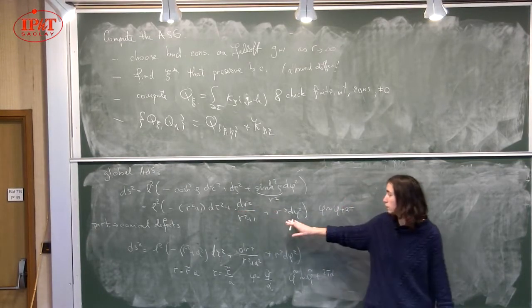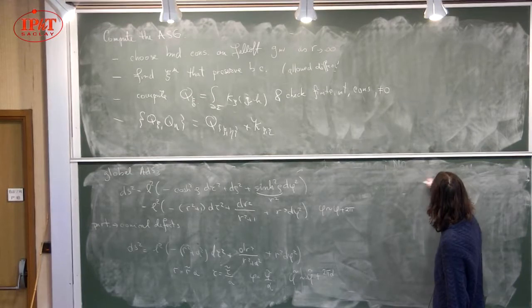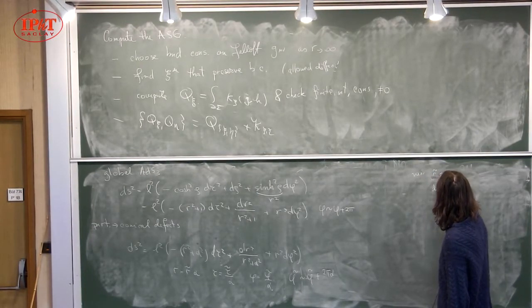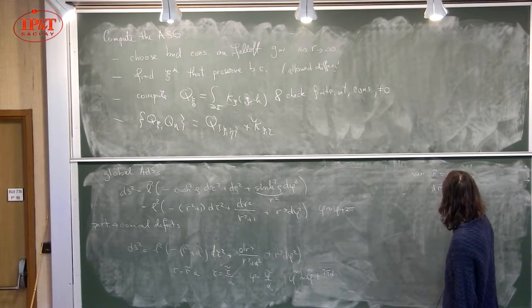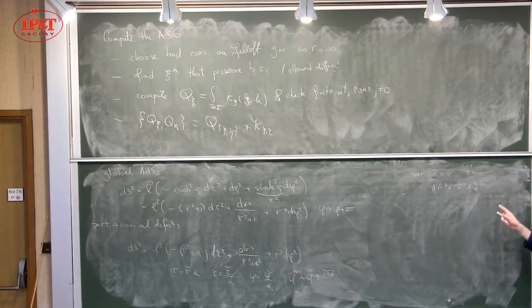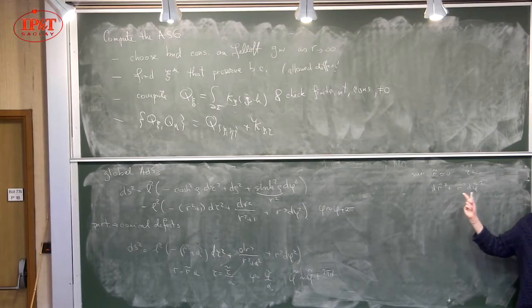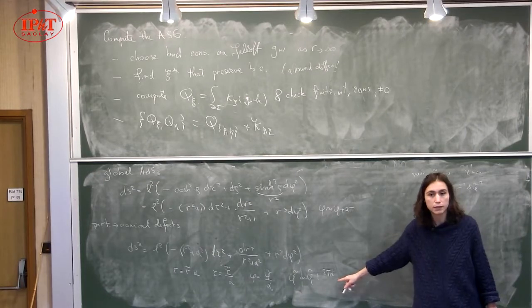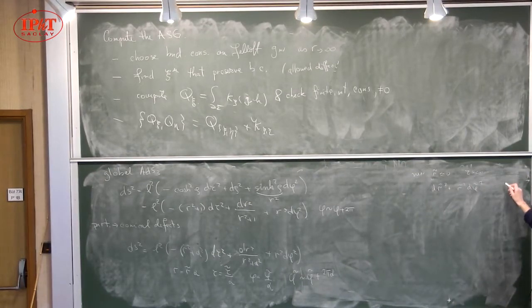So near r tilde goes to 0, with tau constant, the metric looks something like dr tilde squared plus r tilde squared d phi tilde squared. So this looks just like the metric on the plane, except that my phi has the wrong identification. This is r tilde and this is phi tilde. The phi doesn't go around by 2 pi. It goes by some other number.